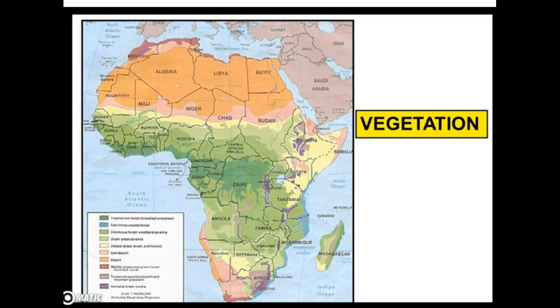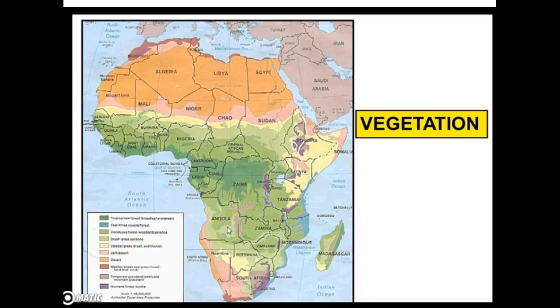And not surprisingly, vegetation follows this pattern. Tropical rainforests found around what's called the Congo Basin. We have a deciduous woodland transitioning to what we call a savanna. This light green area is something that I would like to have you focus on. And then outside of that, we have a brush grass savanna.